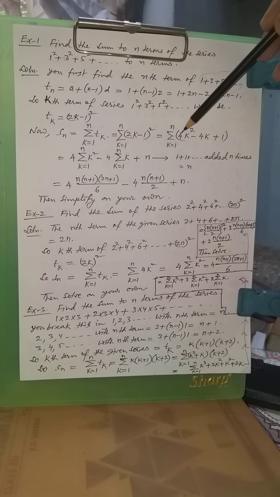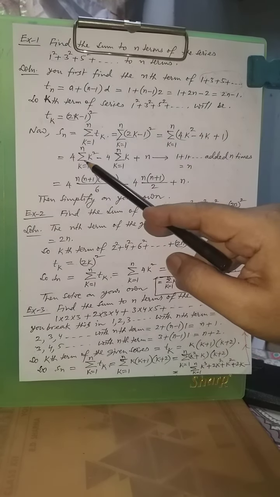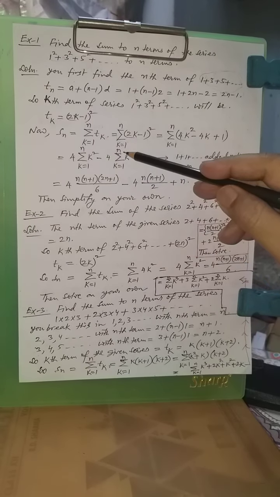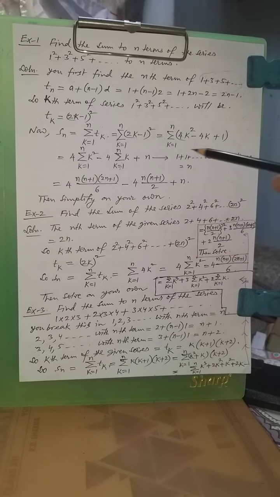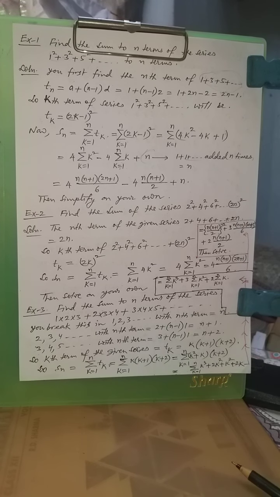This is expanded as 4k square minus 4k plus 1, and then 4 is taken out: 4 sigma k is equal to 1 to n k square minus 4 sigma k is equal to 1 to n k plus 1, n times will be added. Because of that I have taken n beforehand.